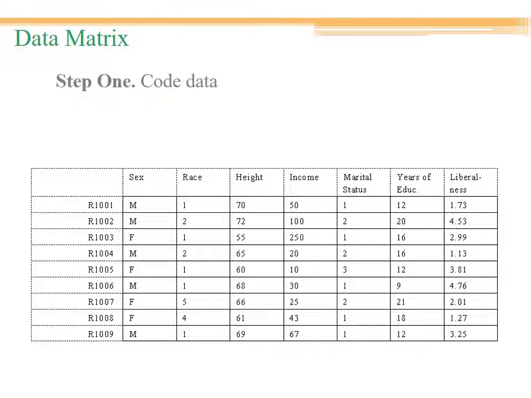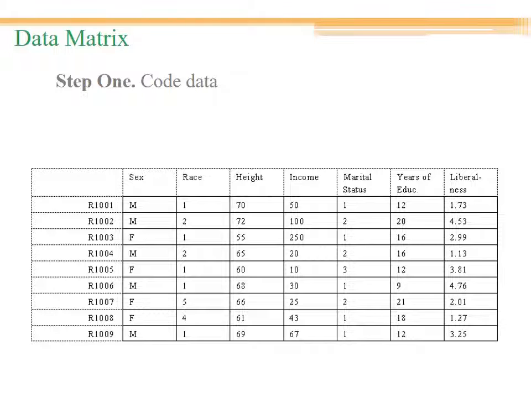In this data matrix, most of the data has been transformed into numbers, or coded. While you don't need to transform ratio levels of measurement, such as height or income, you do need to code nominal and ordinal responses.